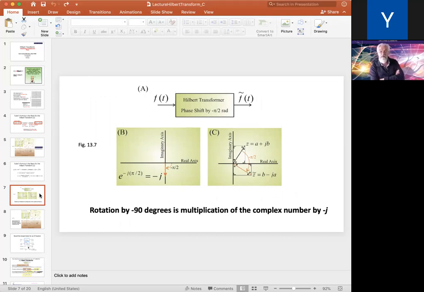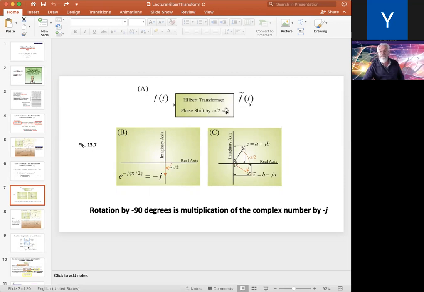So our LTI system that we discussed a couple of lectures ago. And the Hilbert transformer, what it does, it takes as input our function, in our example, that was the cosine function. And as output, it gives you the Hilbert transform, in our example, the sine function.